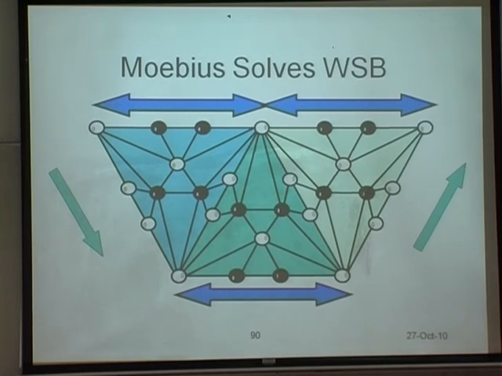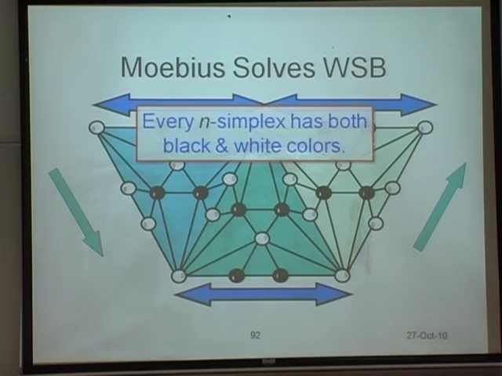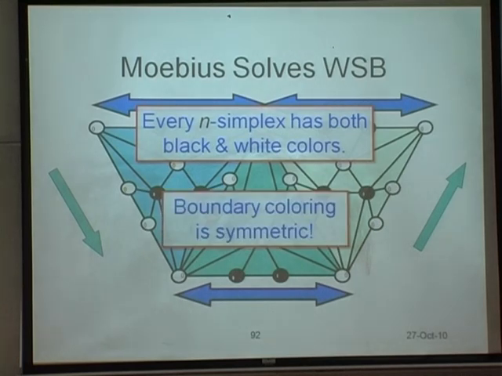It might be deterministic depending on the time with electromagnetic fields or something. But you press your button and then you end up with a vertex, and everybody ends up on some simplex. And then if you choose your color, that solves weak symmetry breaking. But because it's a manifold, it doesn't solve set agreement. So you can see that every simplex has both black and white colors, and the boundary coloring is symmetric, which is basically the same as saying it's anonymous.